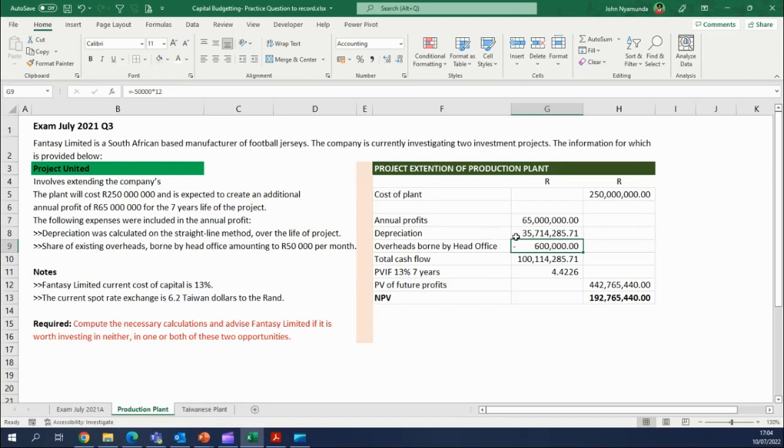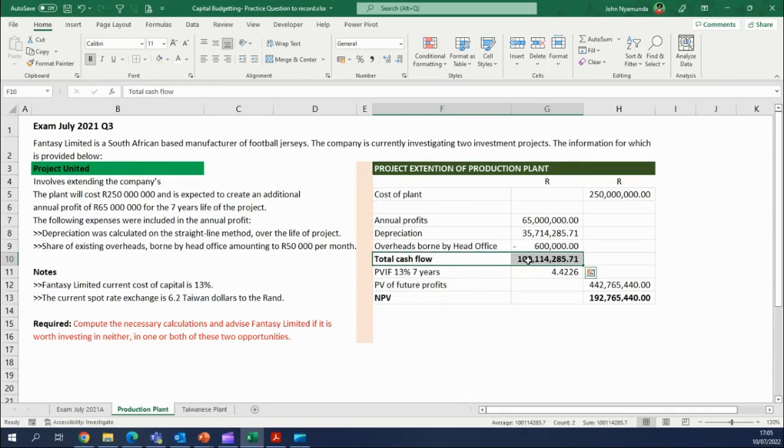To get the annual cash flow, we say 65 million in annual profits plus 35,714,385 in depreciation, because remember depreciation is not a cash flow item, so we have to add it back. Then less the overhead, it gives you a total annual cash flow of 100.114 million. Let's bold it so that it's clear.